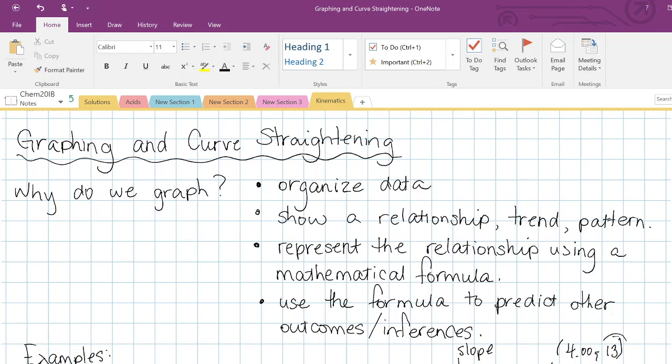The other thing that we can do with graphs as well, and you guys have already had some experience with this, is that if we have a linear relationship to our graph, we can extrapolate and we can interpolate that data, right? And we can make predictions about what may happen further along in our data collection in the future, right? So we can make a lot of predictions about what we believe should happen if this particular trend continues.